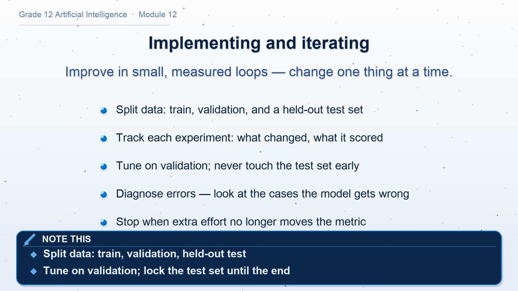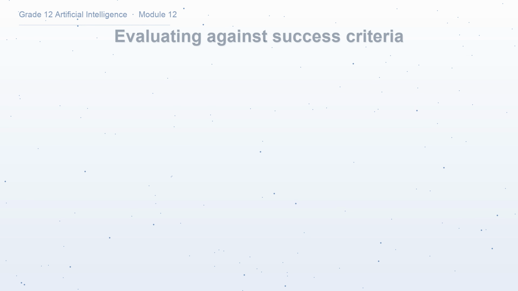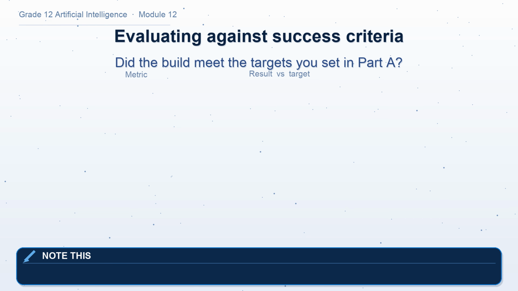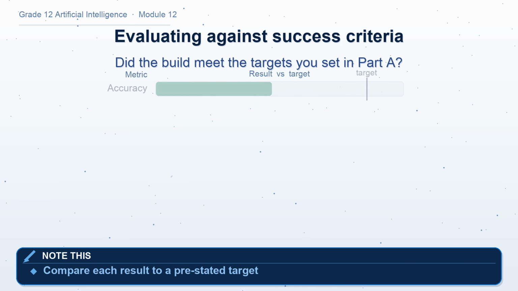Then it is time to judge the result against the bar you set. Evaluation answers one honest question: did the build meet the targets you set in advance? In Part A, you wrote down success criteria, so now you compare each measured result against its target. Accuracy reached 91%, above the 85% target, so that criterion passes.